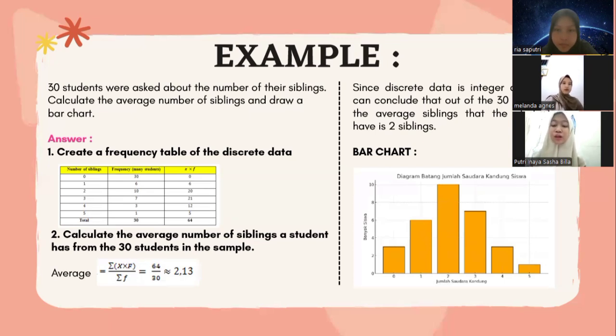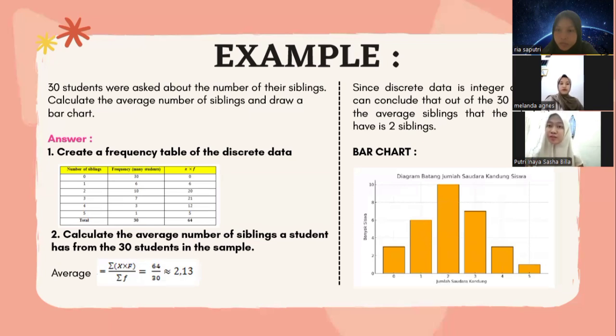From there, we can calculate the average number of siblings by dividing the total number of siblings by the number of students and get the result 2.13. Since discrete data is integer data, we can say that out of the 30 students, the average number of siblings is 2 siblings.